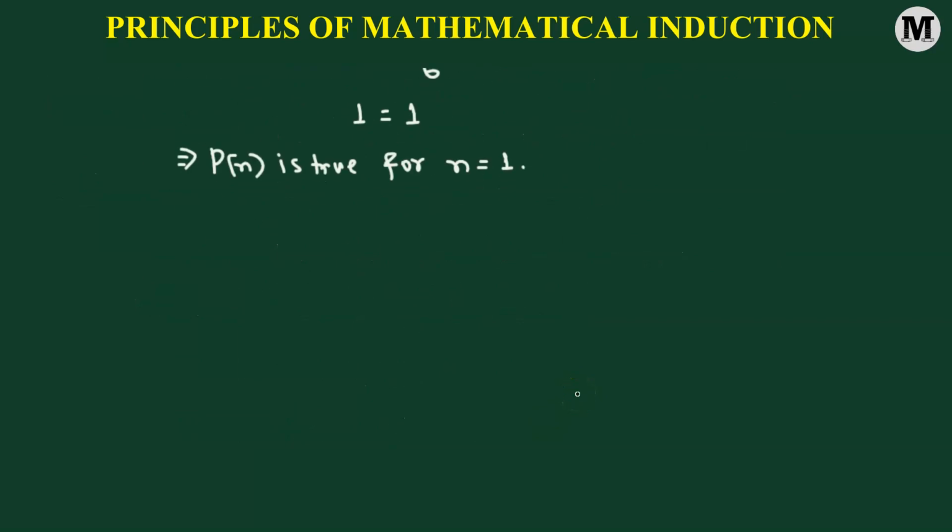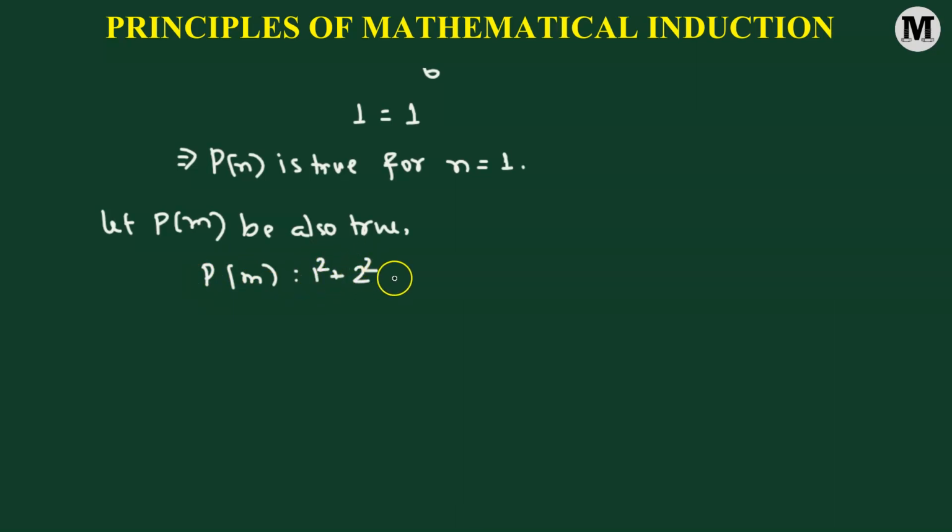Now we will be making an assumption here. Now we will suppose that P of m is also true. This simply means that we are considering n replaced by m, such that we have 1 squared plus 2 squared plus 3 squared going all the way up to the last term, but we have to replace that n value with m.